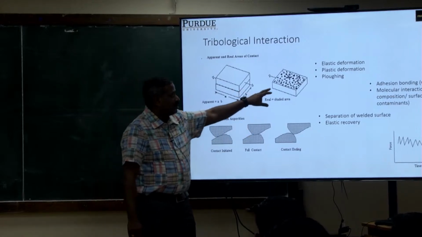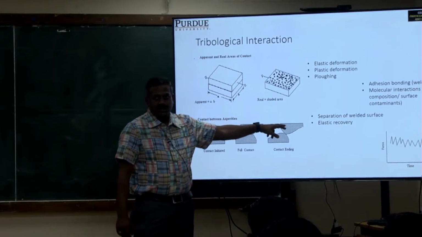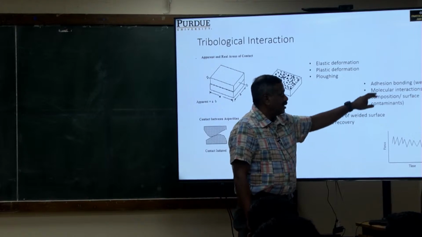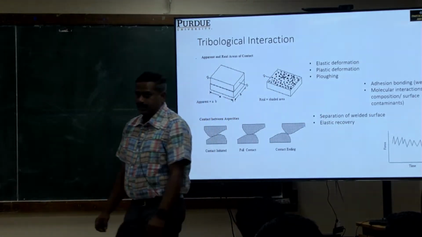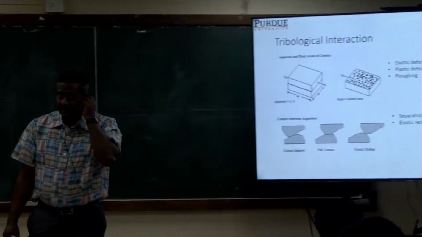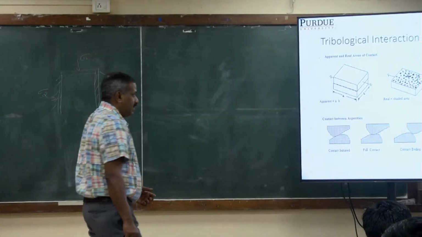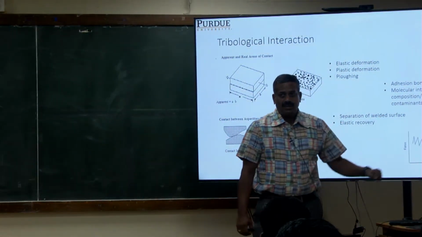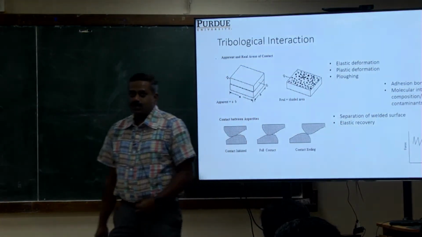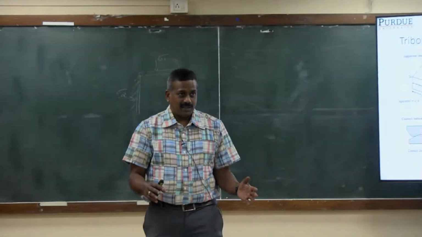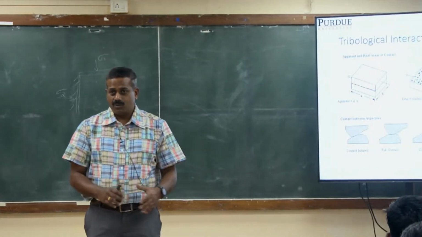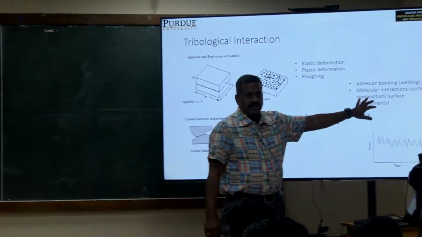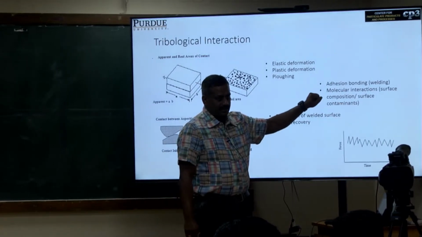That's why to overcome these contacts, you will need lots of energy, okay? That's why we spend lots of energy to overcome this adhesion bonding. If it's the same material, then there will be cohesive bonding. If the materials are different, then there will be adhesion bonding that depends on the molecular level interactions, okay? The type of chemical composition, for example, in food materials, will define these molecular interactions when two surfaces come in contact.